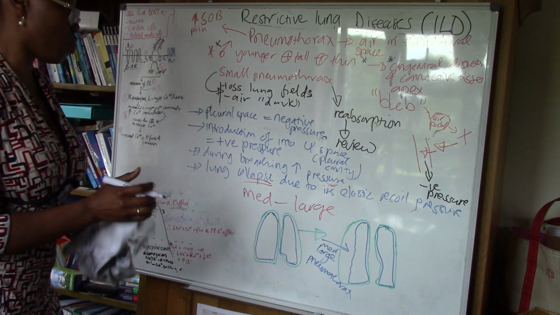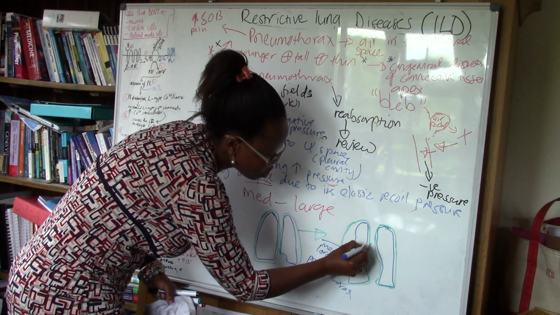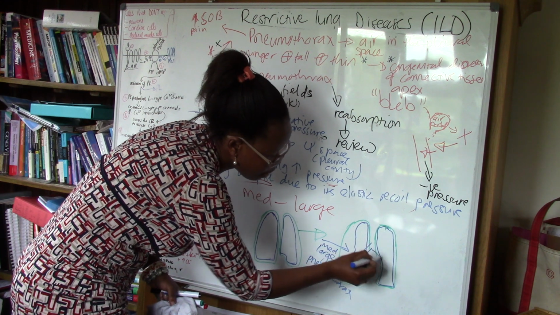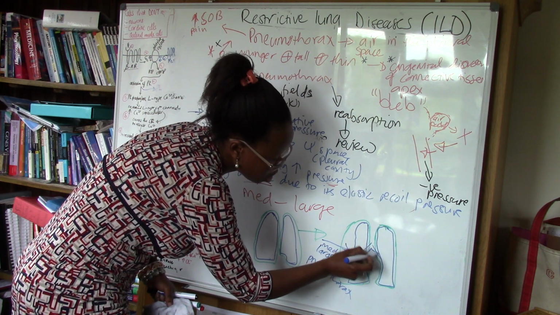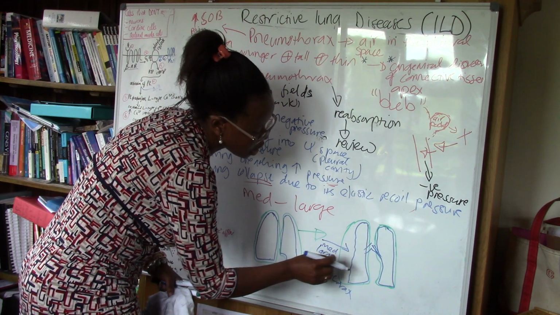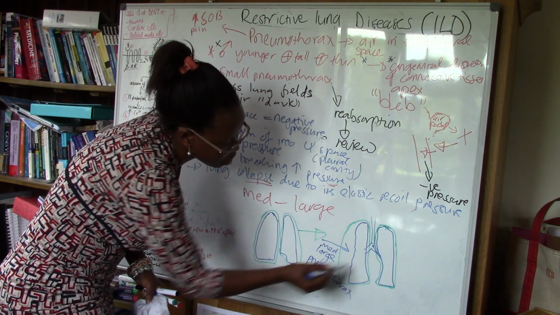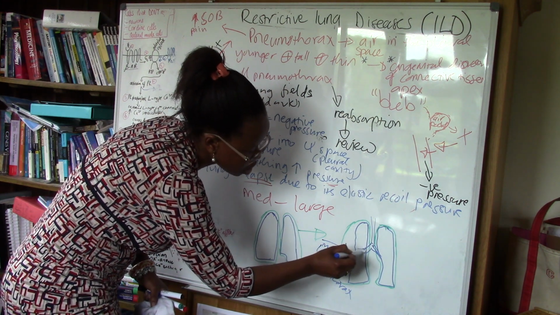And as breathing continues, that collapse, because obviously let's remember that there is a carina there. I haven't drawn anything anatomically correct. There is the carina there and the trachea in there with the bronchi coming into the lungs.